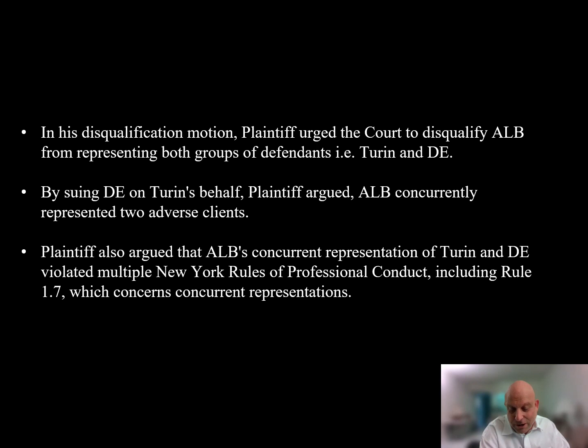In other words, because ALB withdrew from DE, and now at the time of the litigation on this issue is no longer representing DE, it doesn't matter. It's treated as concurrently representing both DE and Turin simultaneously, because there's a reason for that, which I'll go into in a second.